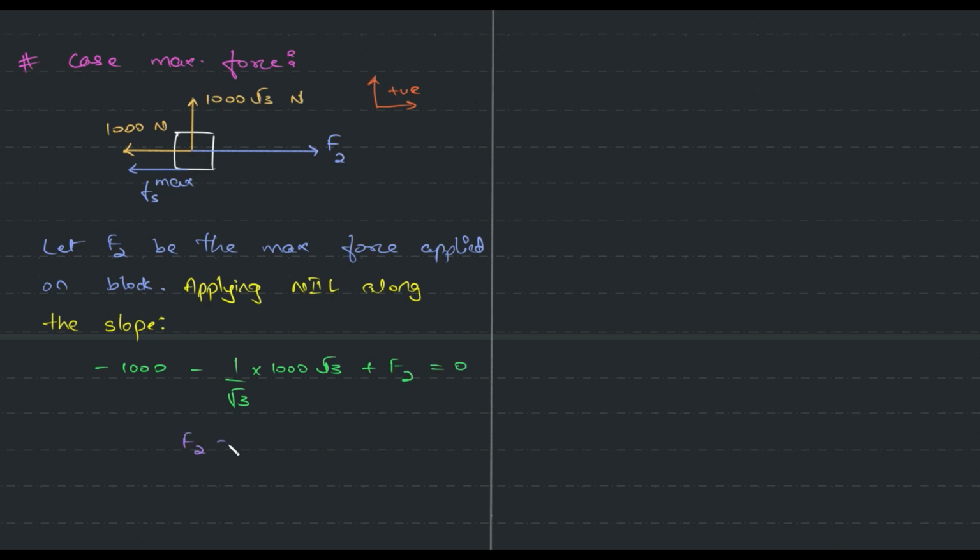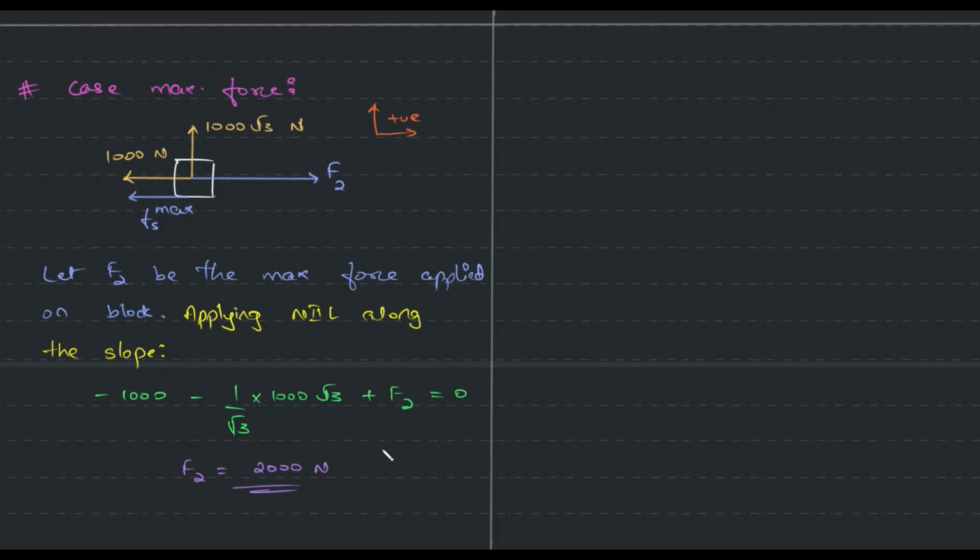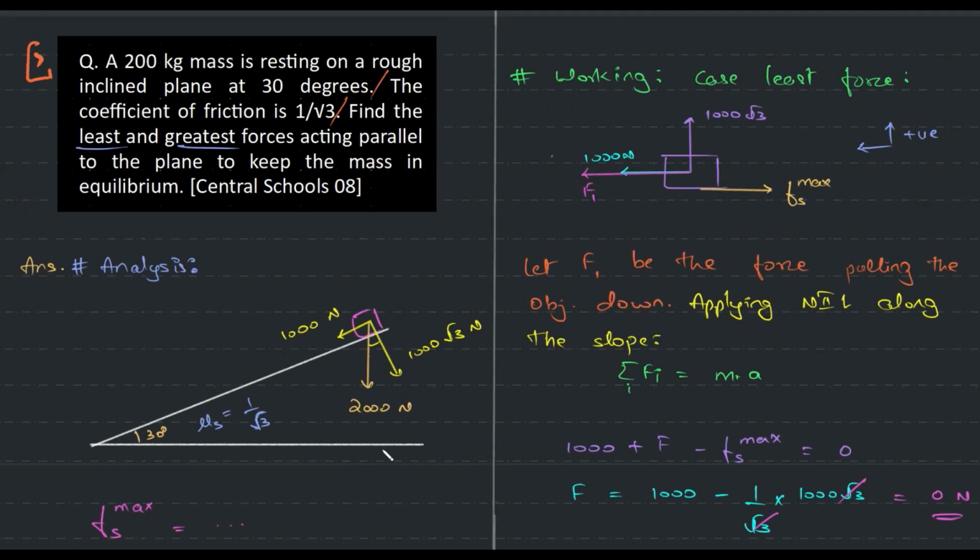And so F2 is 2000 Newton. That's it, that's your answer. So you can write the statement at the end: that would be the least and the maximum force that we can apply.